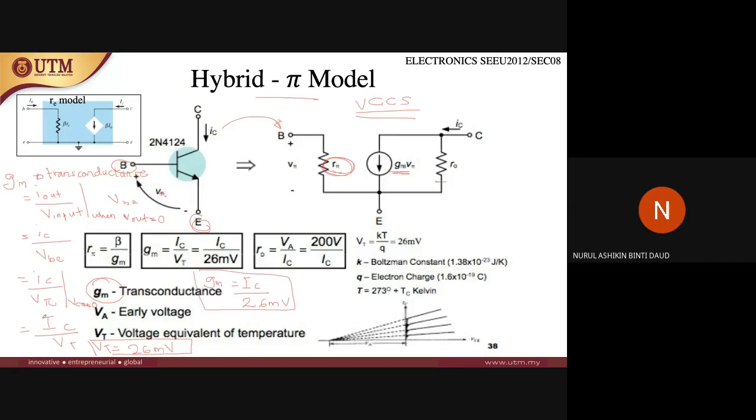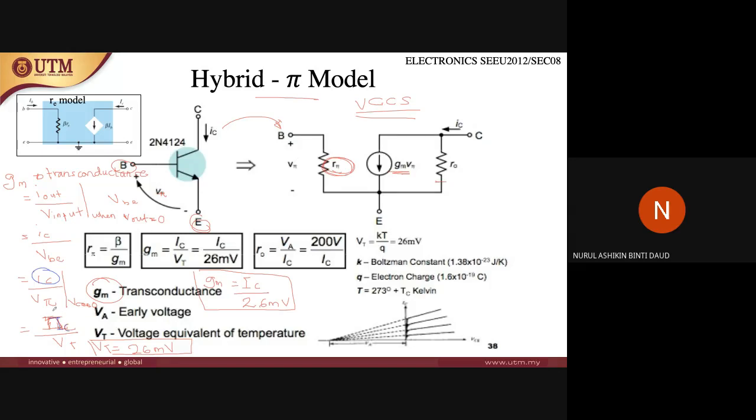Sorry, I was using a small ic here, and this is capital IC. If you realize, I'm using a small ic here and a capital IC here, and at the end also a capital IC.